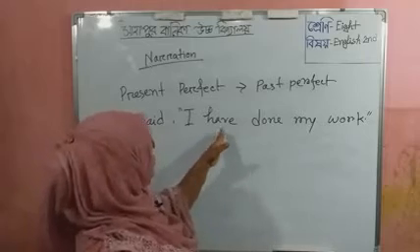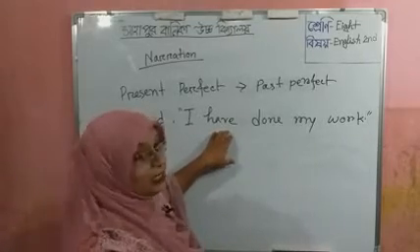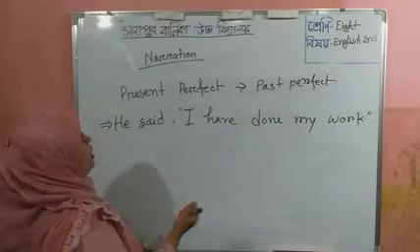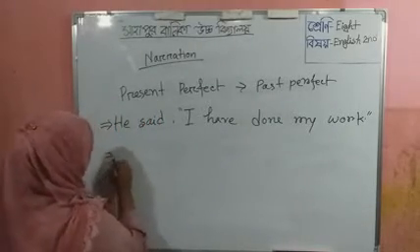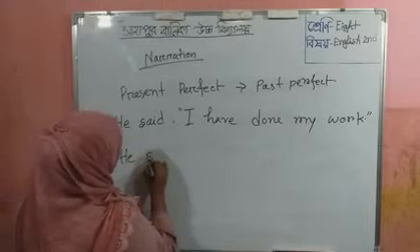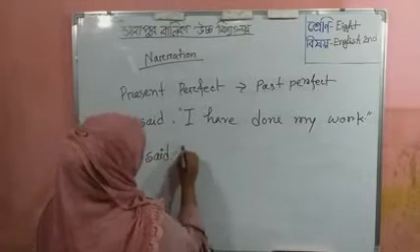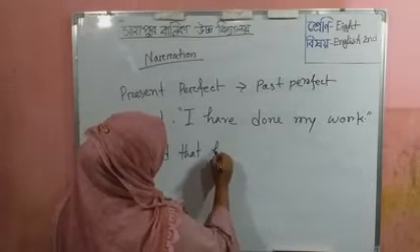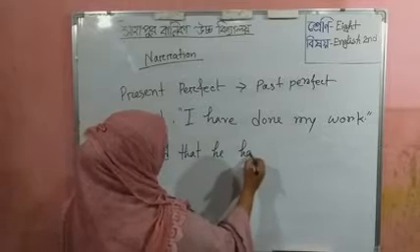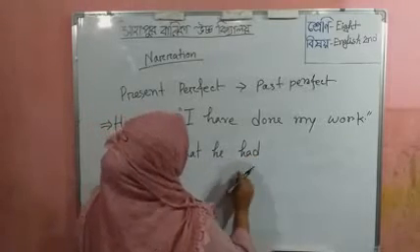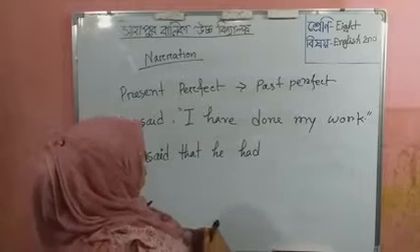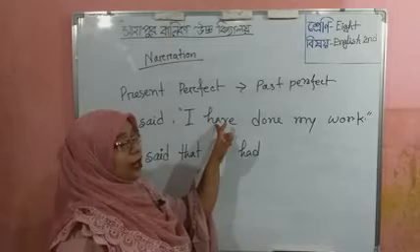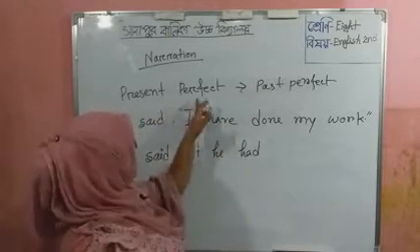According to the rule of tense, we know it is present perfect. So now I am going to change it. He said that he had. For this section, we know that "have" is in present perfect.